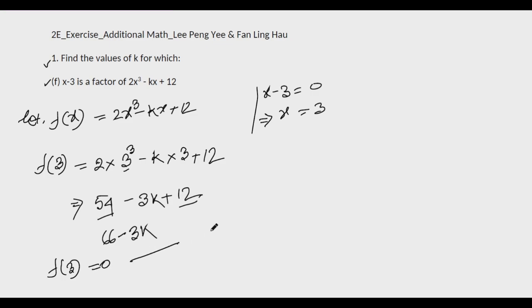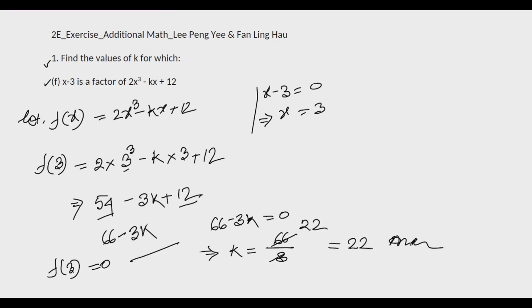Then we can write 66 minus 3k is equal to 0. By solving this equation for k, we will get 66 over 3, and if we simplify this one, we will get 22, and the value of k will be 22, and this is our final answer.